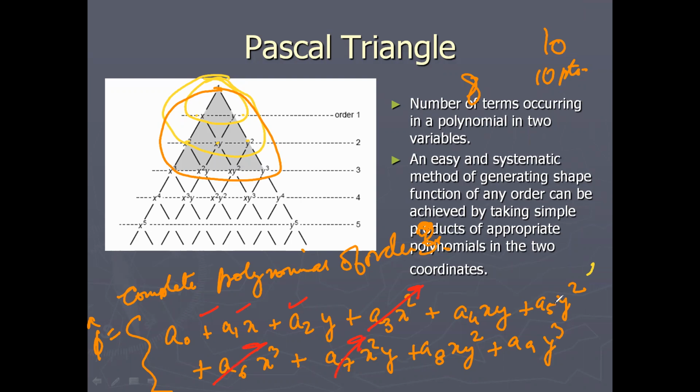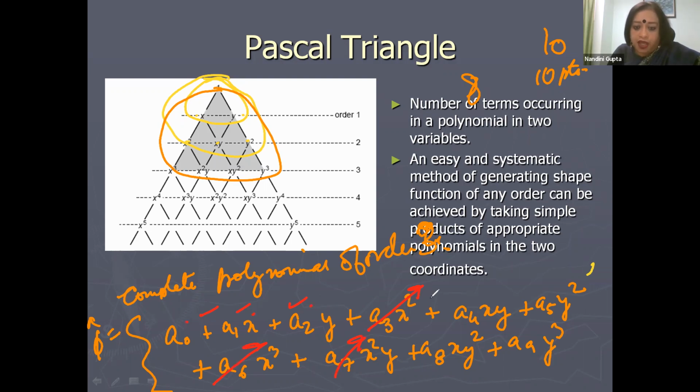You cannot have the higher order term. So how many are you left with? 1, 2, 3, 4, 5, 6, 7. I should have 8. So which can I retain?